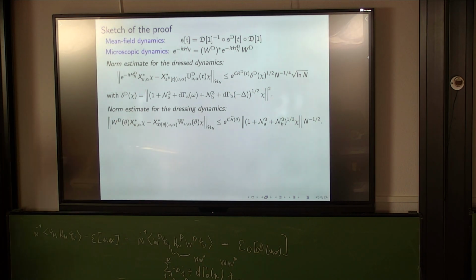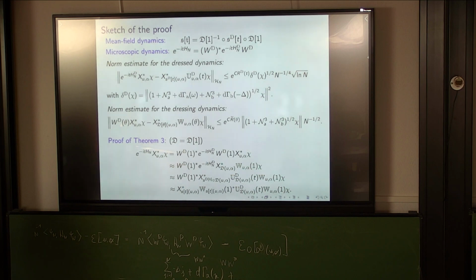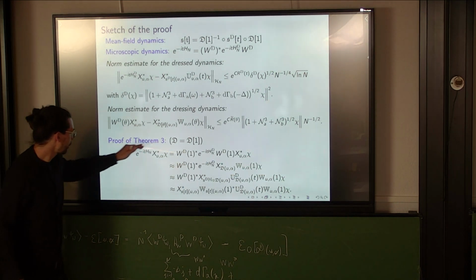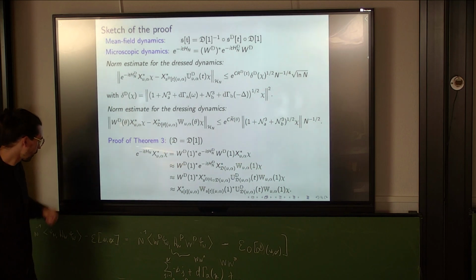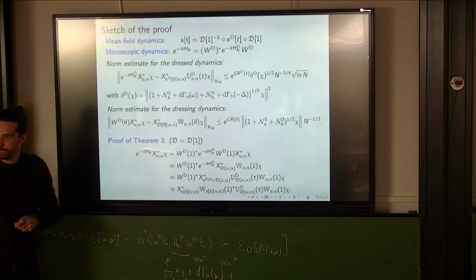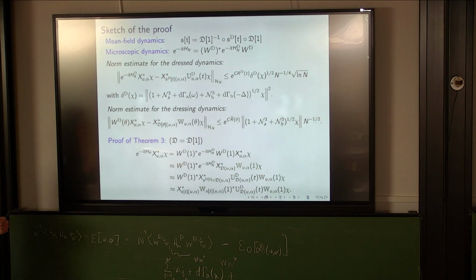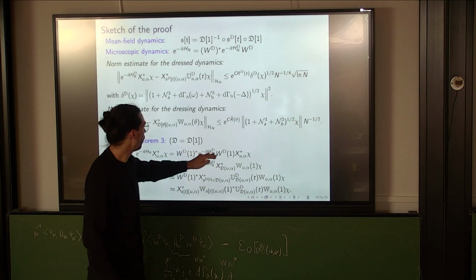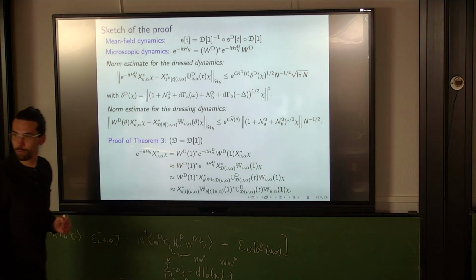So, if one has this, then one can start with the evolution which is generated by the renormalized Nelson Hamiltonian. One can use this decomposition here to rewrite this evolution.